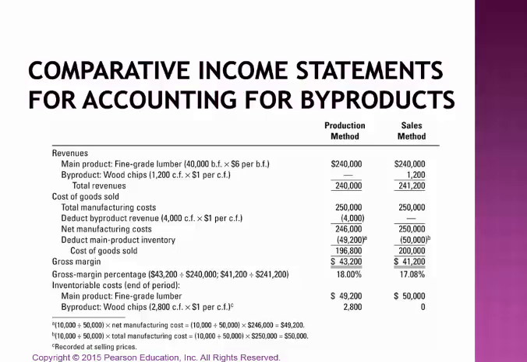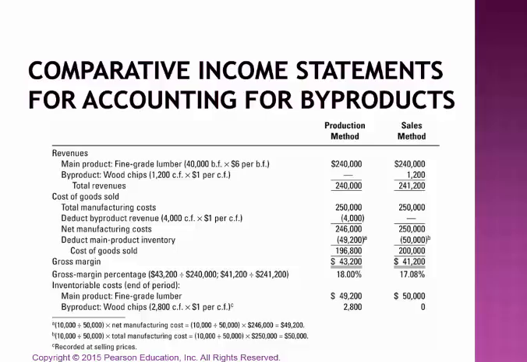So we're going to back out that $4,000 for the revenues, even though not all of it has been sold yet. Once we do that on the production method side, you notice that we have net manufacturing cost of $246,000. So the revenues of the byproduct have offset or reduced our net manufacturing cost under the production method.